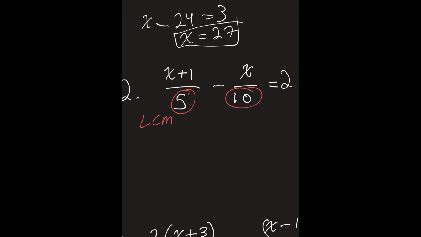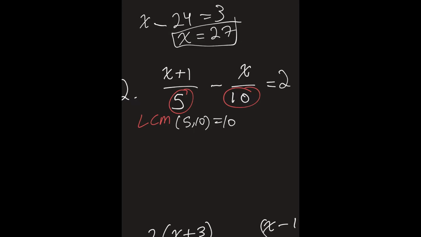The LCM of 5 and 10 happens to just be 10, thankfully, because 10 is a multiple of 5. So I'm going to multiply everything in this equation by 10, and then I'll be left with no denominators, no fractions.